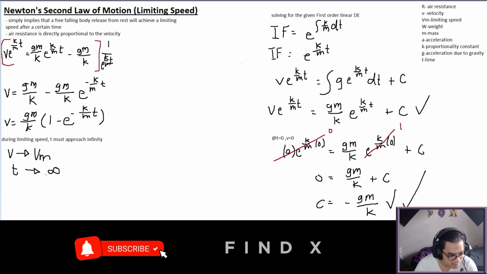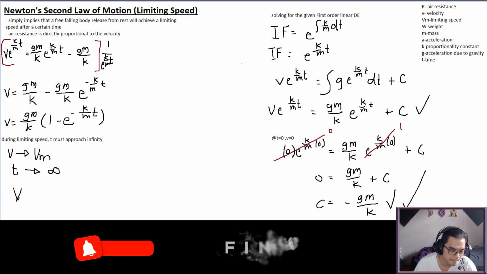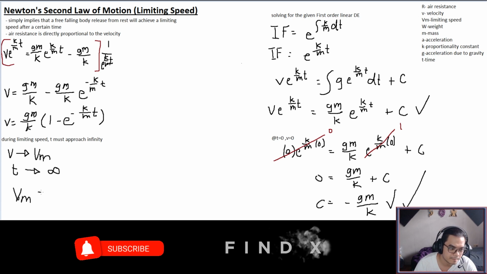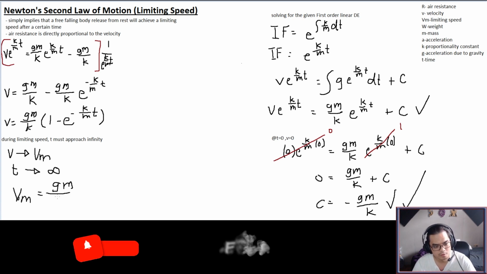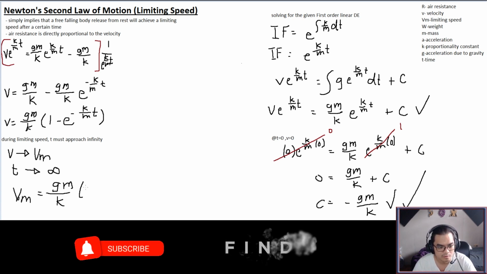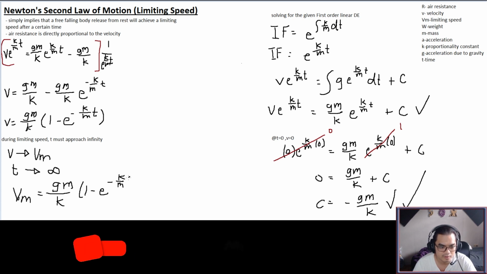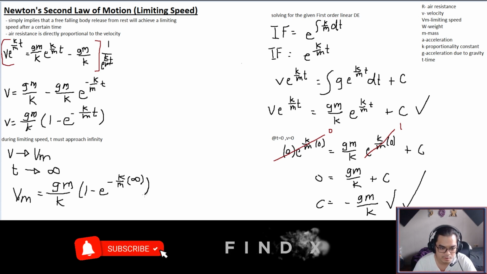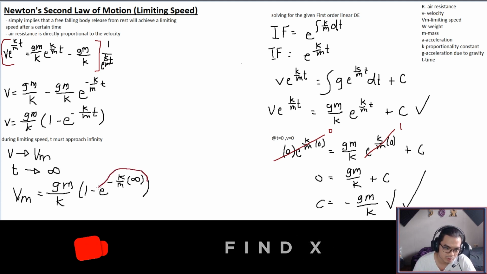Now considering these conditions, I will change v now to Vm. Vm must be equal to gm over k times 1 minus e raised to negative k over m times infinity. Okay, infinity.